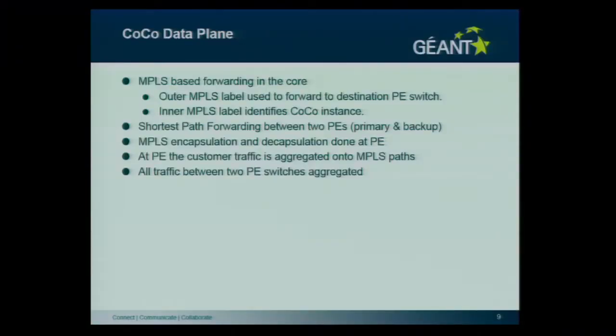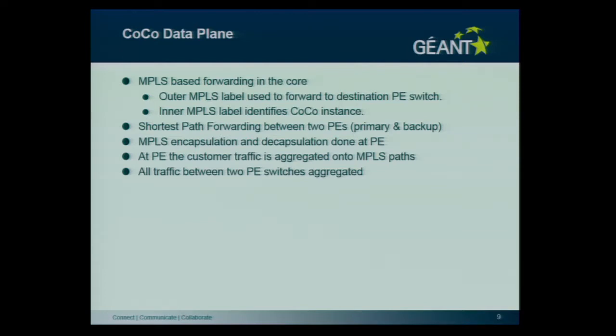And finally, what the COCO agent does is, of course, configure the forwarding entries in the control plane in the OpenFlow switches. And that's done via a southbound interface, the OpenFlow protocol. So the forwarding plane, the data plane, as I said, will be MPLS-based.